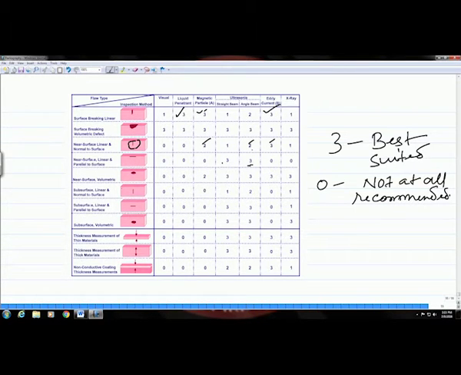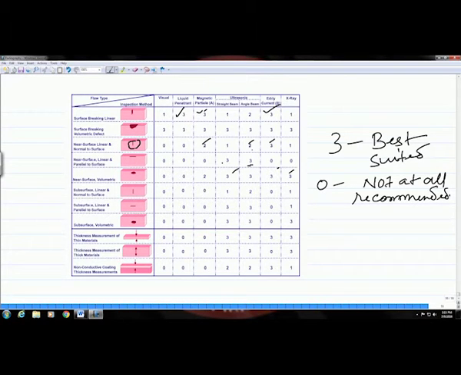Then near surface volumetric defects, if you have, then the best possible would be any of these: ultrasonics, eddy current or X-ray radiography.